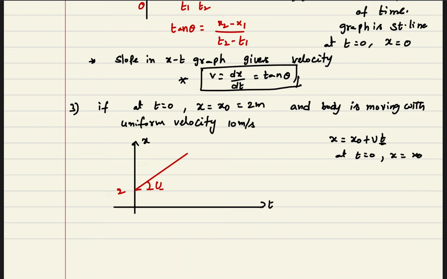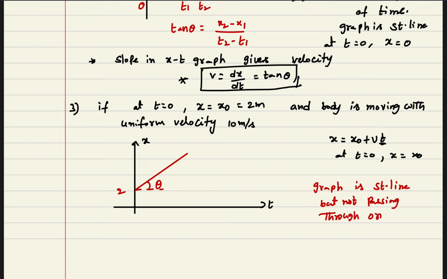The graph will be like this. It is 2 meters, and whatever slope is there, tan theta is the velocity only. The graph is a straight line, but not passing through the origin.